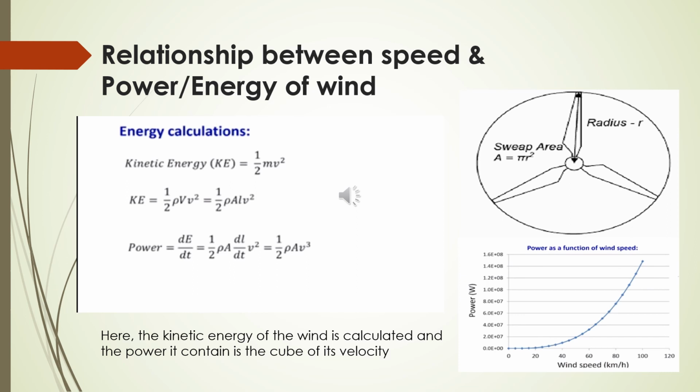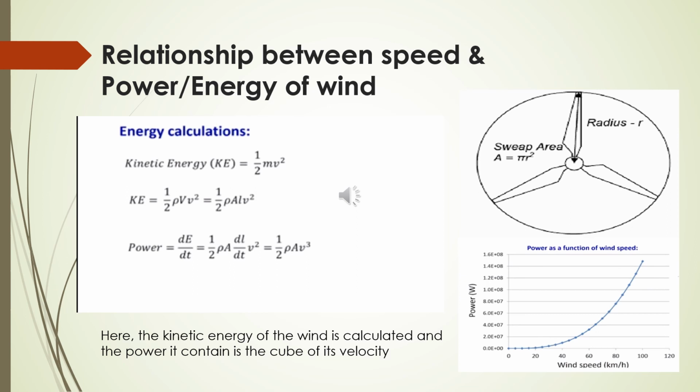We can further simplify it by replacing the volume with the area, which is pi r square, and it is the area which is swept or covered by the blades of the turbine. And L is the length of the wind, or we can say the depth of the wind that interacts with the blades of the turbine at a particular point of time.